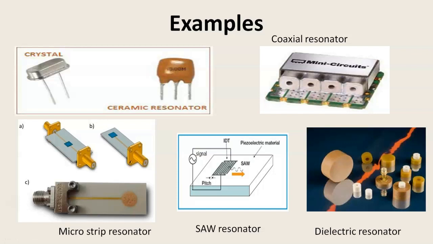The choice of resonator depends on factors such as frequency range, stability requirements, size constraints, and cost considerations. The different resonators offer different advantages and are selected based on specific needs of the transceiver design.